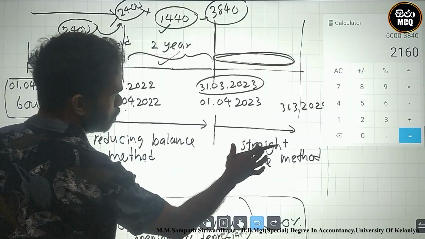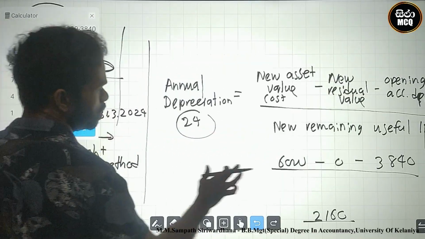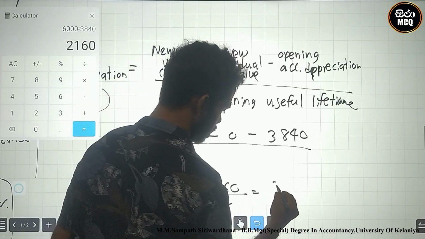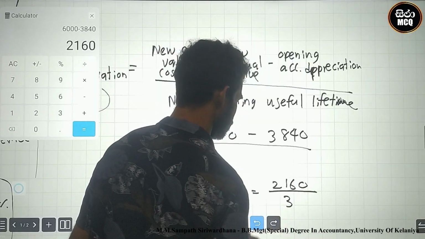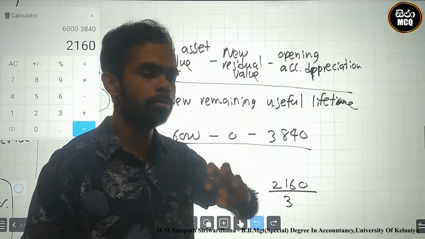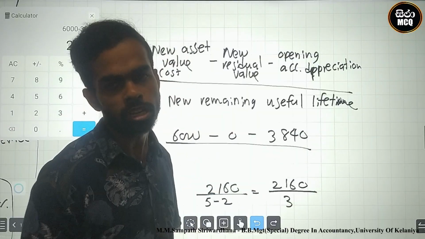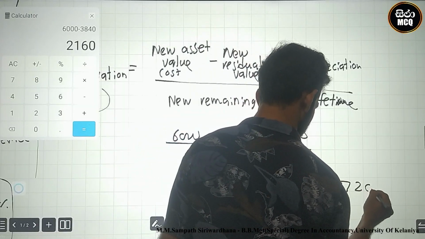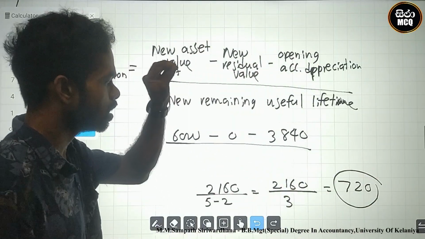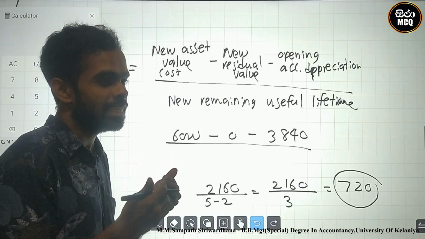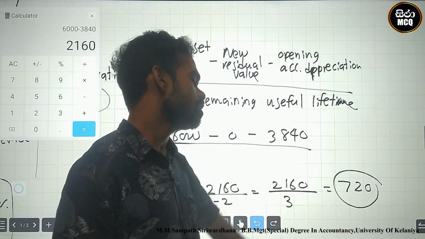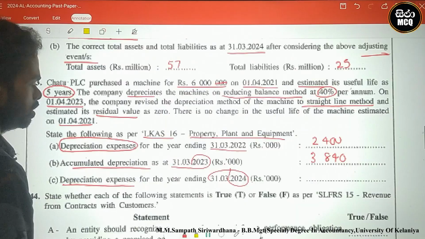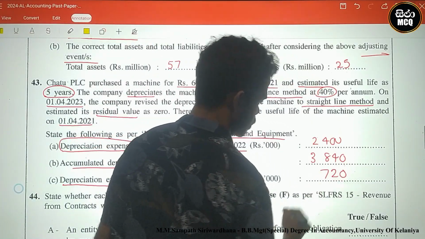Therefore 2,160, the remaining depreciable value, must be divided by the remaining useful lifetime of 3. The answer is 720. 720 is the current year depreciation for the year ending 31st March 2024. This is the answer.